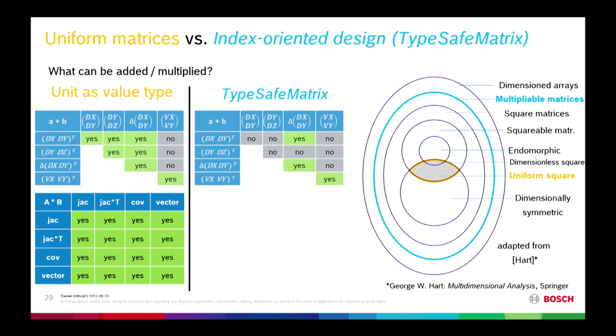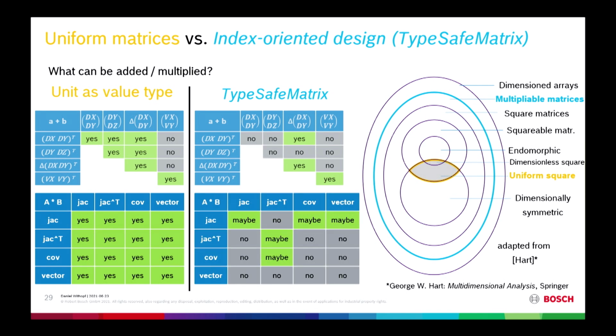Now, no surprise, if we look at what type-safe matrix does, most of the table turns to gray, and the operations are not allowed. So the only thing that we can do here is, for example, multiply 2 Jacobians, but not under all conditions, only, again, if the indices in the 2 matrices match up. So they have to have identical indices and describe the same things.